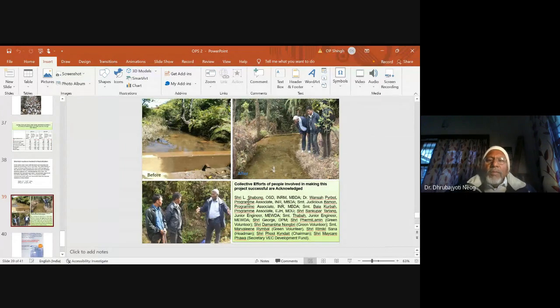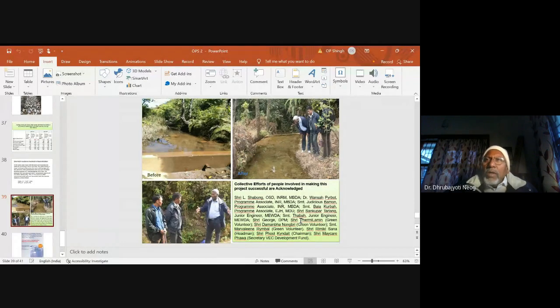So different agencies and different people were involved in this. This way, if you treat acid mine drainage contaminated streams with an open limestone channel, then we can improve the quality of water.